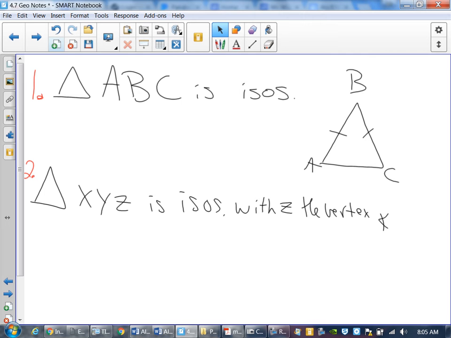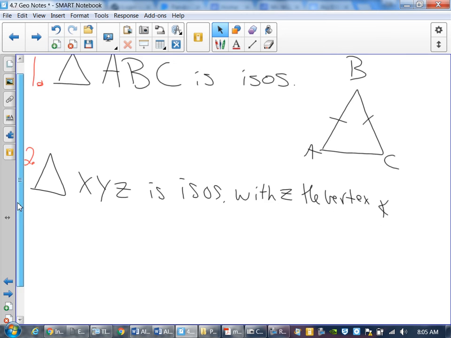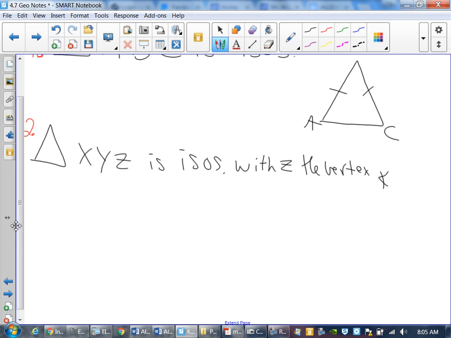So when you label that one out, this XYZ, it'll look just very subtly different. You can still label your X, Y, and Z, but if Z is the vertex angle, what are going to be the two sides that are congruent? X and Y. Which sides? That's the difference. Does that make sense?